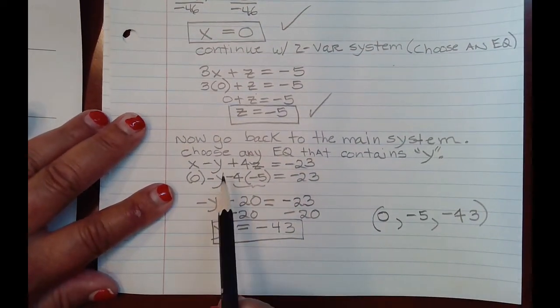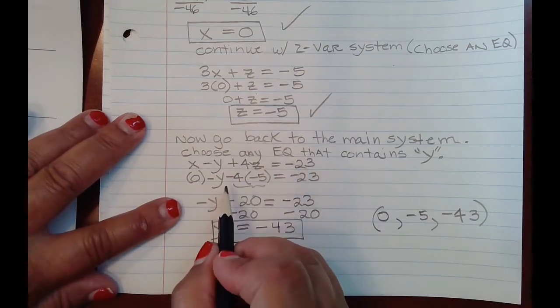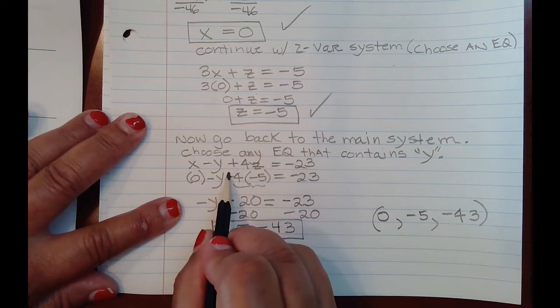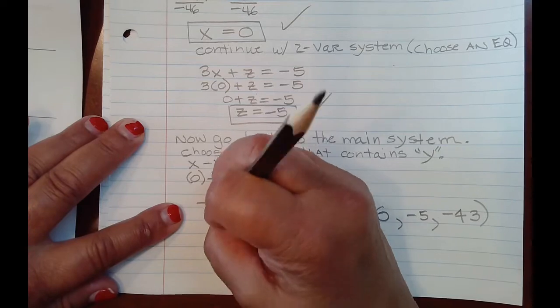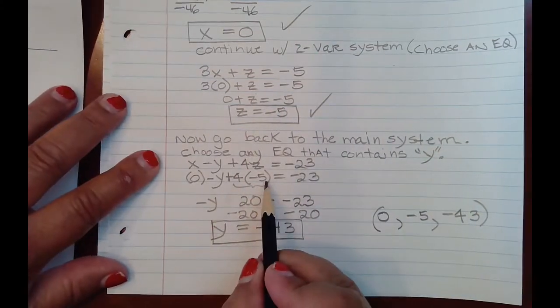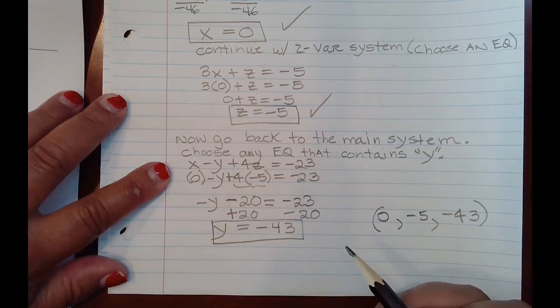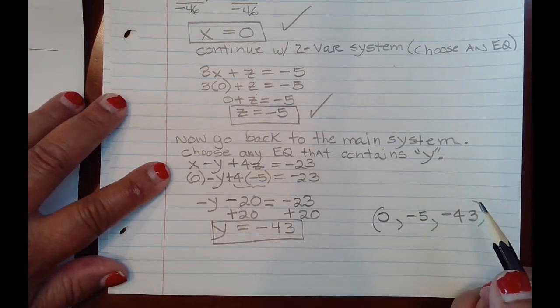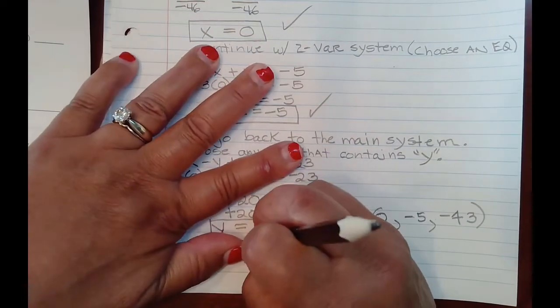When I copied this right here, I copied the equation right, but then I copied a minus here instead of a plus. So plus, this should have been negative 20. Positive 4 times negative 5 should have been negative 20. Therefore, this should have been positive 20. Therefore, when I added this to this, I should have gotten just negative 30.